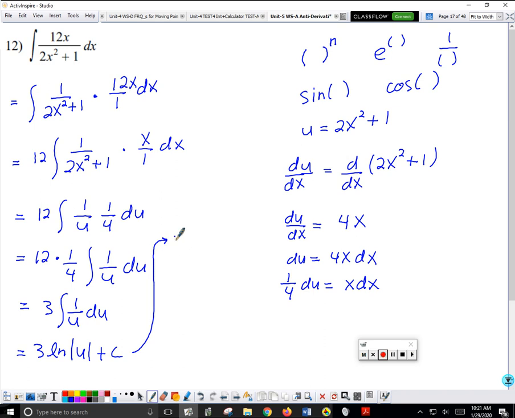You say this is equal to 3 natural log, and u is 2x squared plus 1. And then you put a plus c. That's just the last little afterthought.